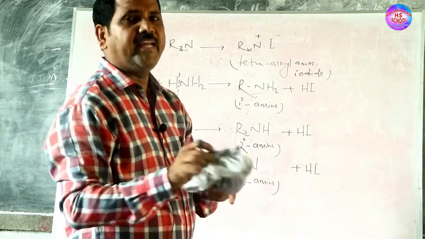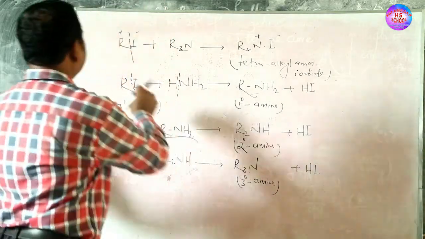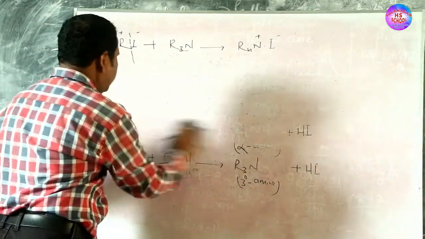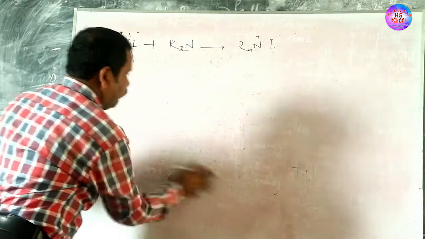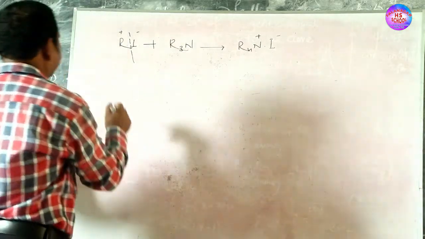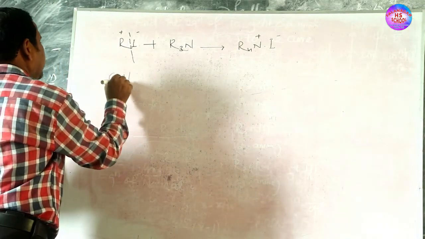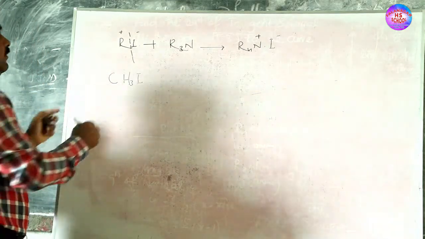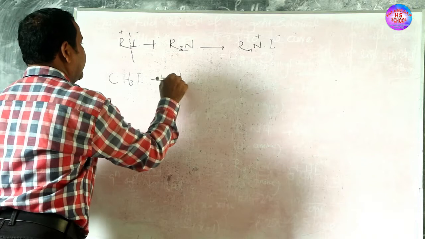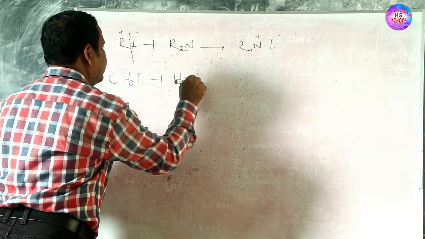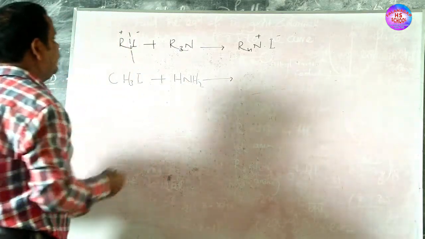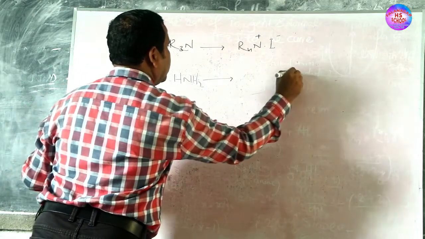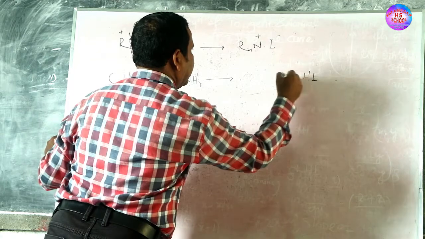For example, if we put R equal to CH3, to take an example, suppose your methyl iodide CH3I reacts with ammonia HNH2 to form HI plus hydrogen added.